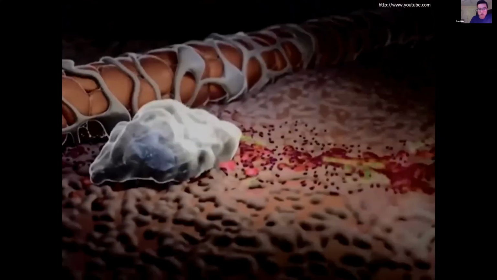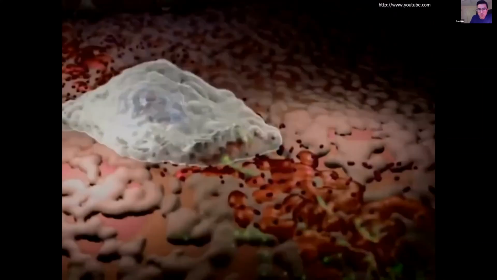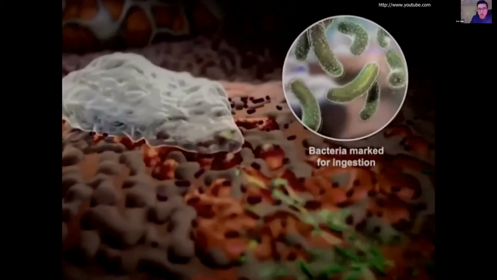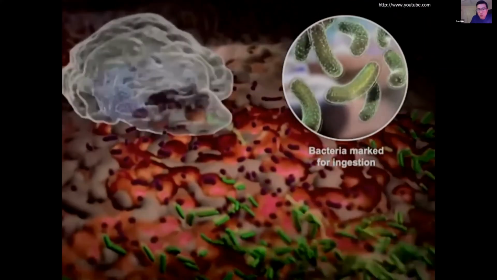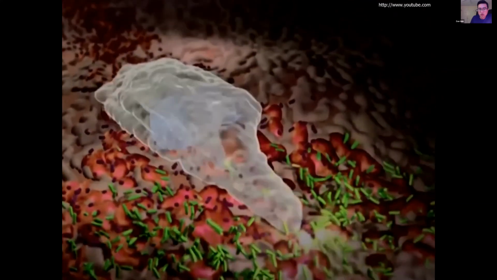They squeeze themselves through capillary cells into the alveolar air sacs, and once inside the air sacs, they start crawling. This is not exactly how they crawl, but they crawl to the site of infection, and they start engulfing the bacterial cells to resolve the infection.